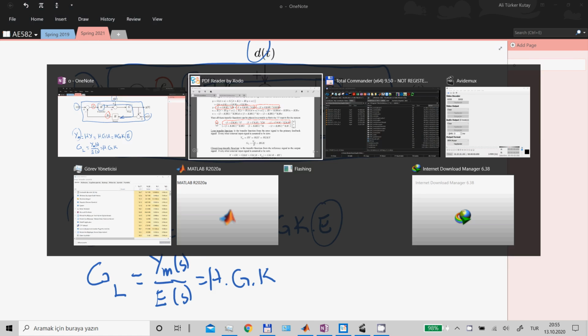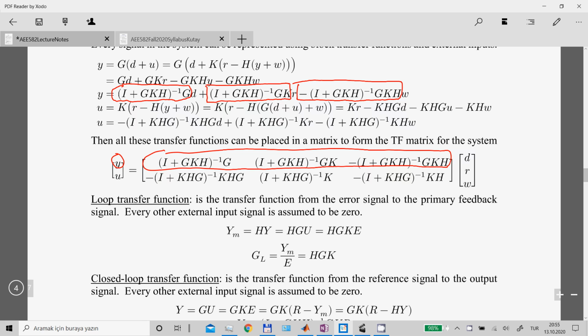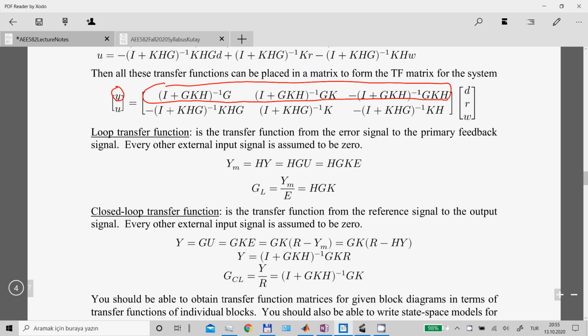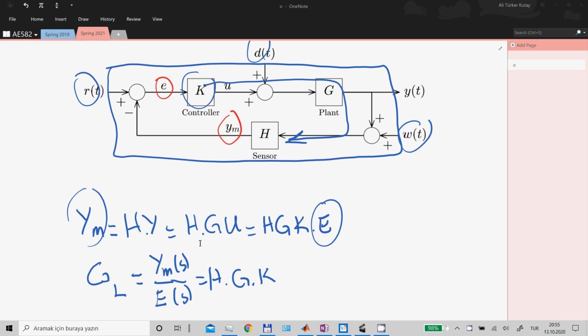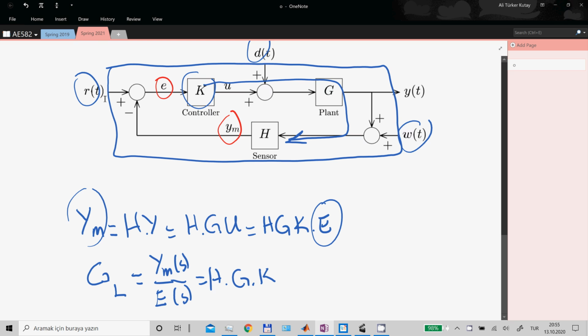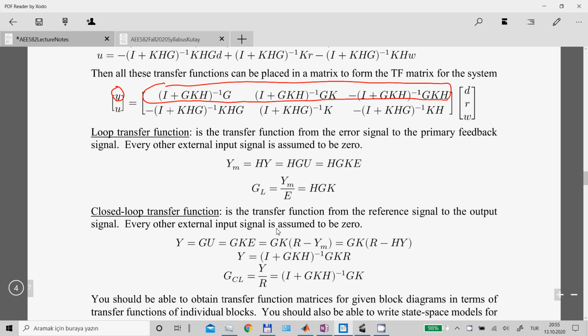Another important transfer function is the closed loop transfer function, and you should all be familiar with this. It is basically the transfer function between the reference command for your system and the actual output of the system. We already discussed how to obtain it, and when you write the output in terms of the reference command, this is what you get. One thing I would like to point out is that I assumed the inputs to the system can be vector signals.